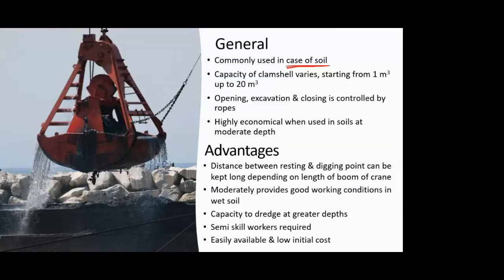Then the capacity of this clamshell or bucket itself decides the cycle time and the productivity of that grab dredger. The bucket size varies from as small as 1 meter cube up to 20 meter cube also. Now 20 meter cube is a huge bucket. Okay. Just imagine the volume that it can take.